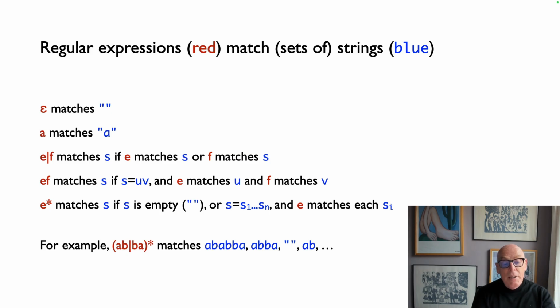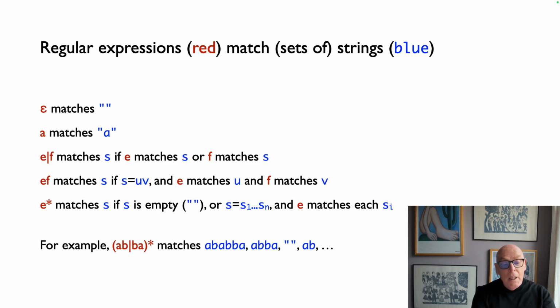So for example, if we take the regular expression AB or BA all starred, that will match the string AB, AB, BA, it'll match AB, BA, it'll match an empty string, it'll match the string AB, but it won't match the string with just B in it, for example.